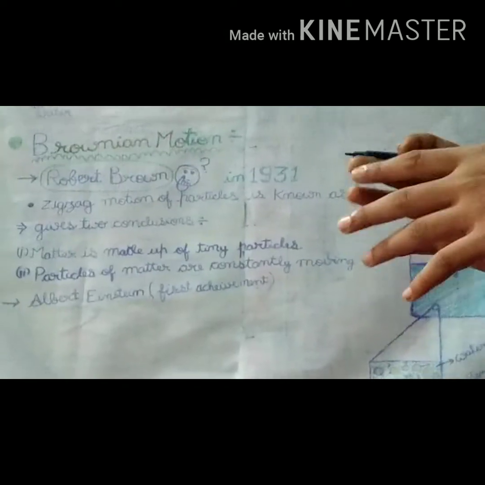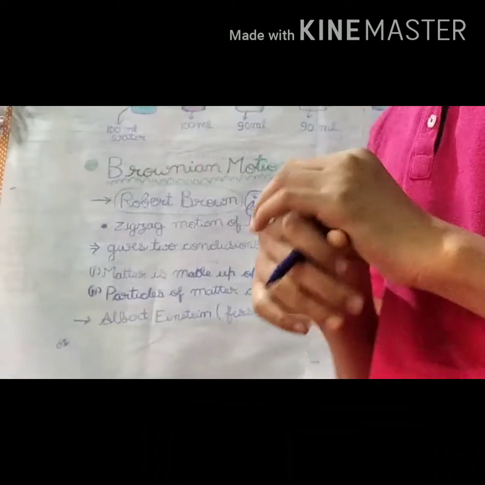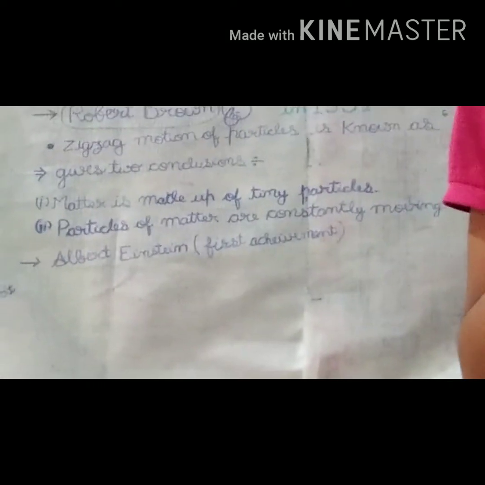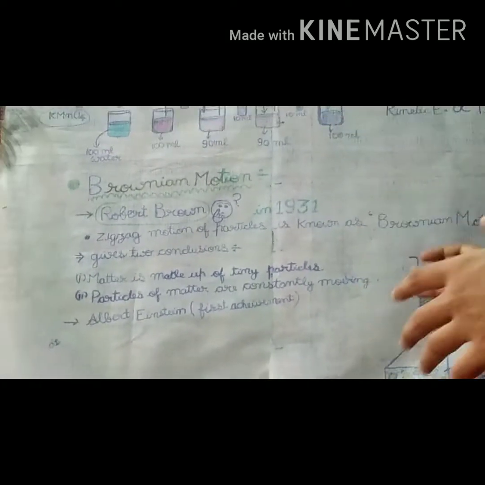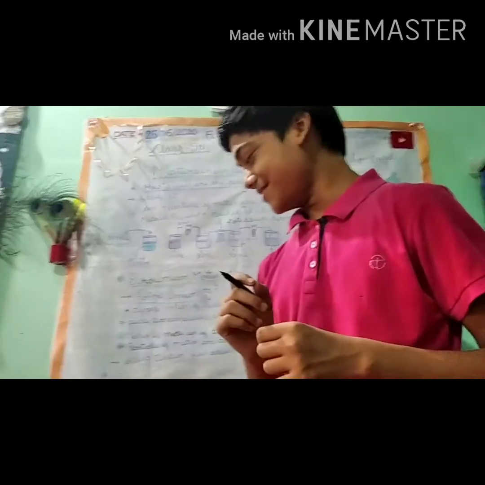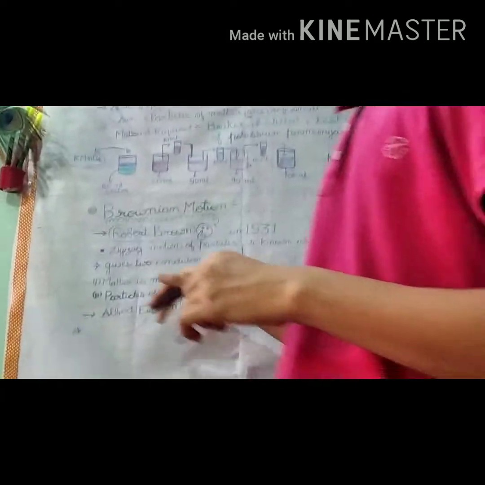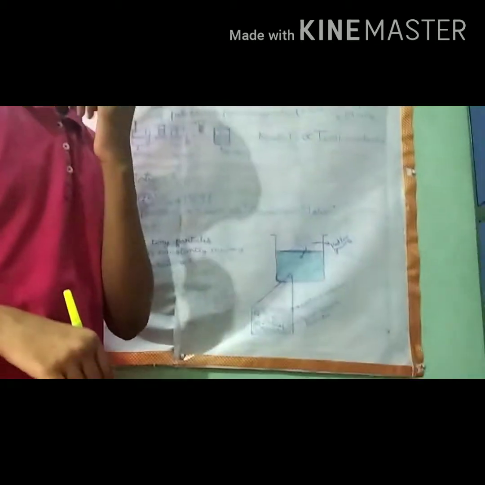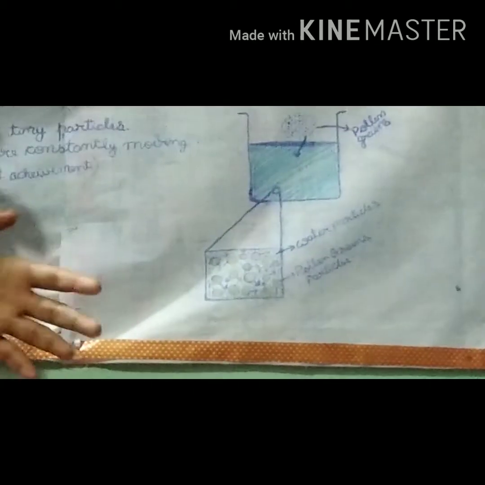So he gave the thought of the Brownian motion, and Brownian motion gives us two conclusions: that matter is made up of tiny particles, and the particles of the matter are constantly moving. Here you can see the examples of the particles of matter constantly moving, and matter is made up of particles, and water particles are also moving in a random way.